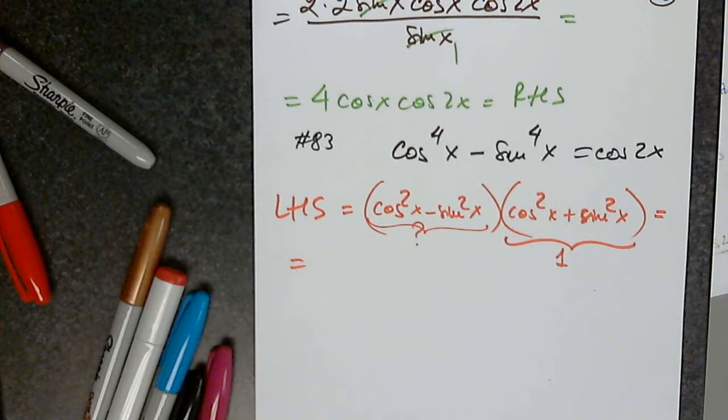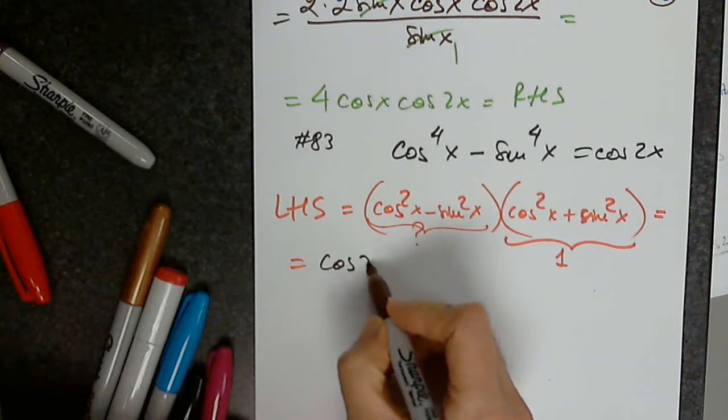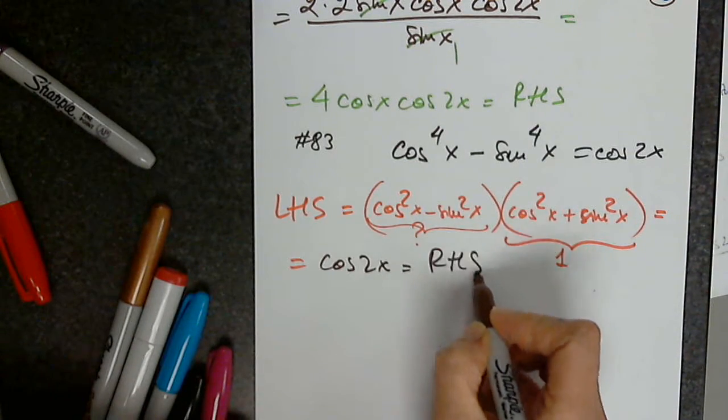Go back to the formulas from today and tell me what cosine squared x minus sine squared x equals. Cosine 2x. Exactly. And it's the right-hand side and we're done.